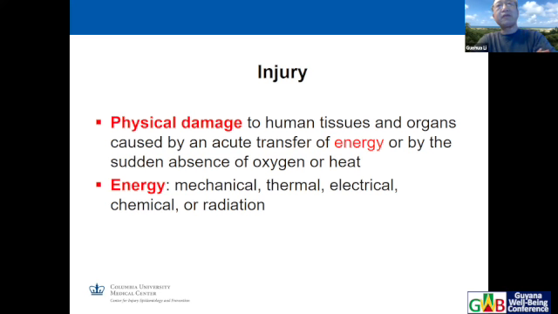I would say first, when we talk about injury, we're talking about physical damage to human tissues and organs. So we're talking about damage to the human body. And then there is this etiological agent that's caused by the acute transfer of energy, which accounts for over 90% of injuries we're talking about.